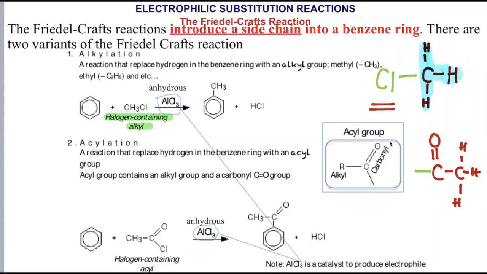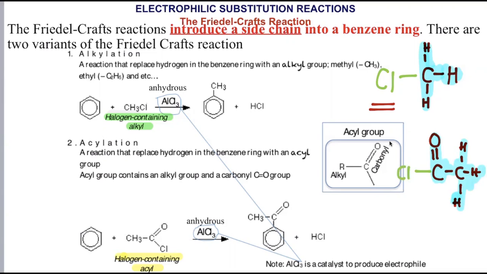Next is the acylation. Same thing. Basically, if you want to attach your acyl group, you need a halogen-containing acyl. So if I want to attach the COCH3, I have to start with a molecule that has the COCH3 attached to chlorine.